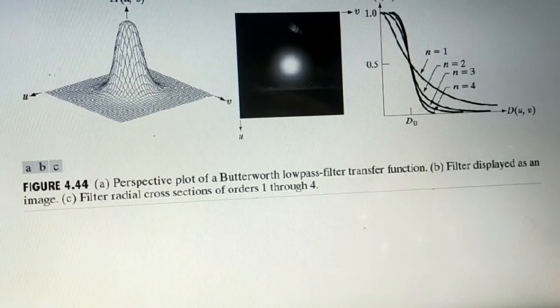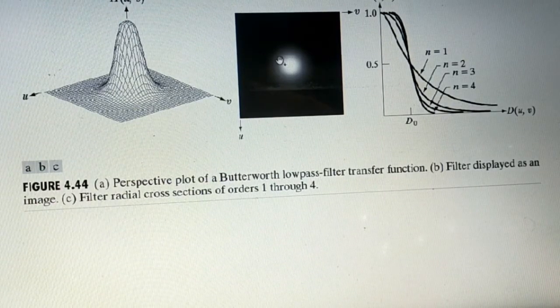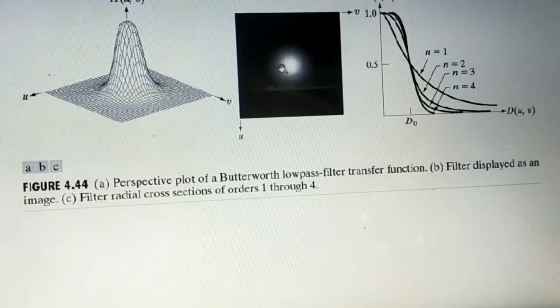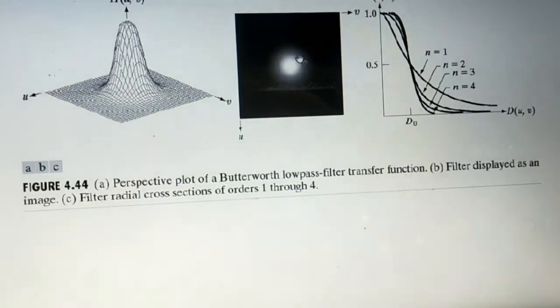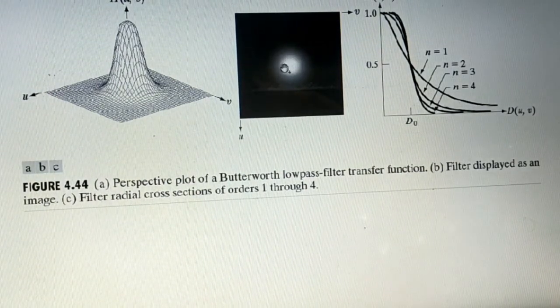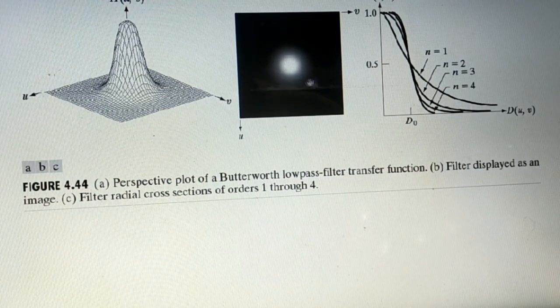So this is the image plot of the frequency response capital H of UV. This is another way of representing the frequency response. In this you will see that there is no complete white up to a certain region, and no complete black up to a particular defined precise region.